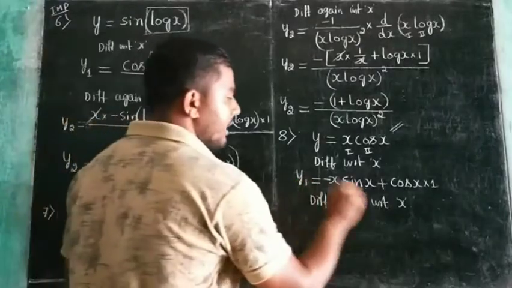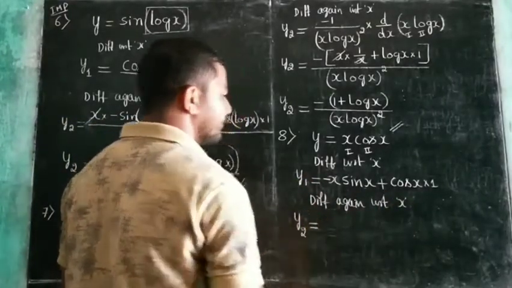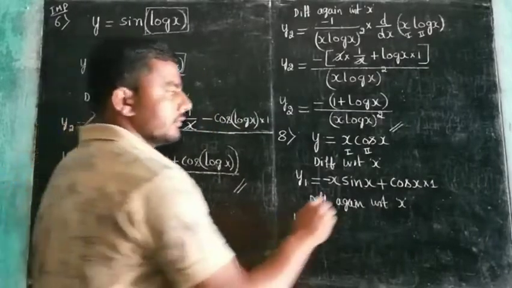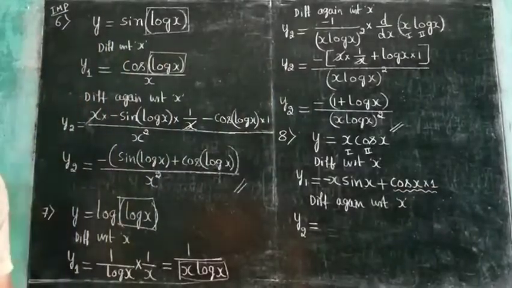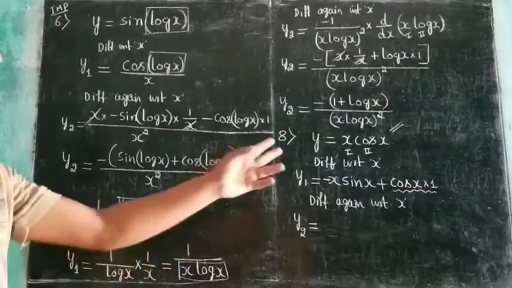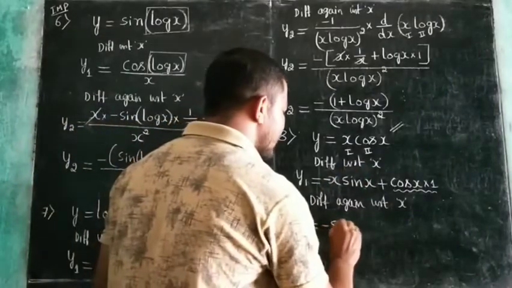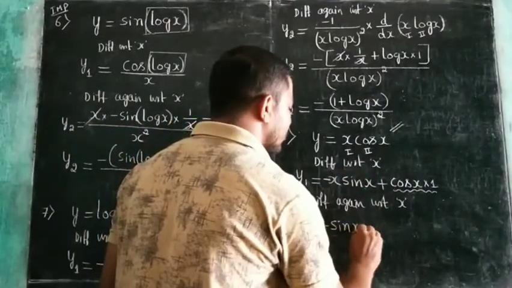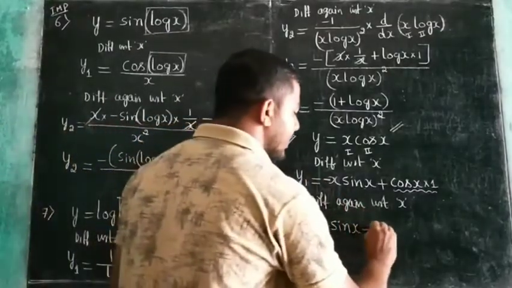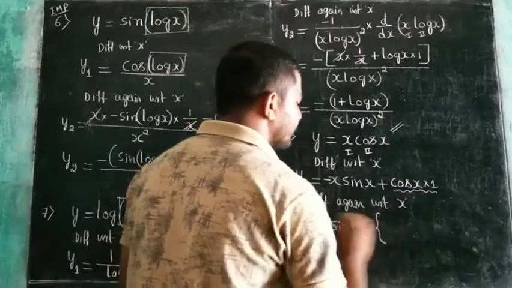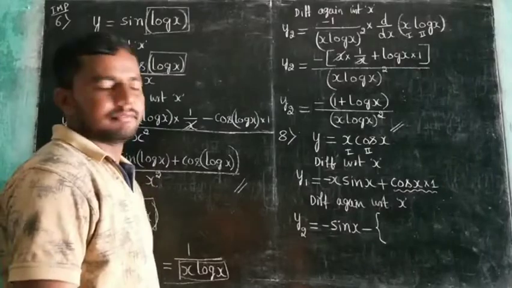The derivative of y1 with respect to x is y2 is equal to, here cos x into 1. Cos x into 1 is nothing but cos x. So first write the derivative of the second function, that is cos x. The derivative of cos x is minus sin x. And then here minus is there, take minus as outside and write the derivative of x sin x.